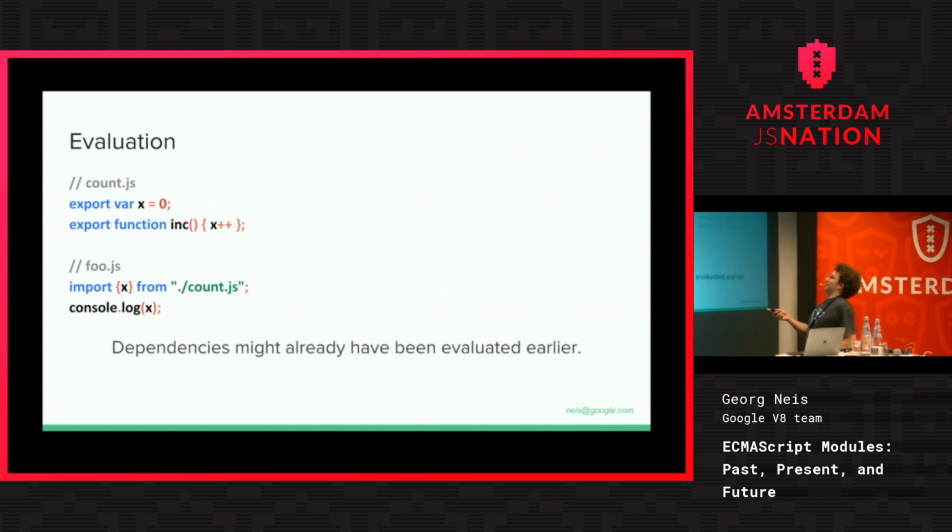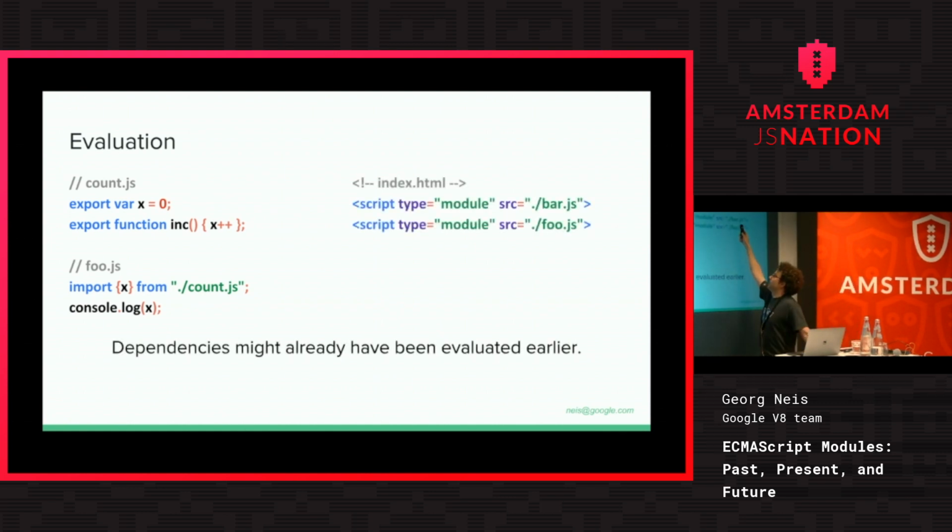So for instance, HTML could have these two module scripts. Foo is the one we have here, bar is something we don't know. It might be using count as well, and it might have incremented many times. So by the time your module runs, you don't know what the value is anymore. So you have to be a bit careful. So in general, it may not be a good idea to have side effects at the top level.